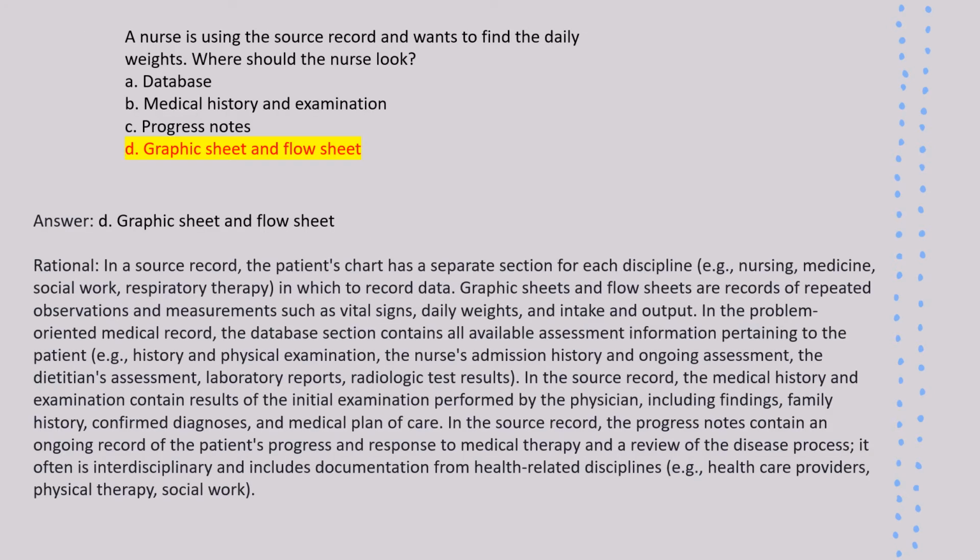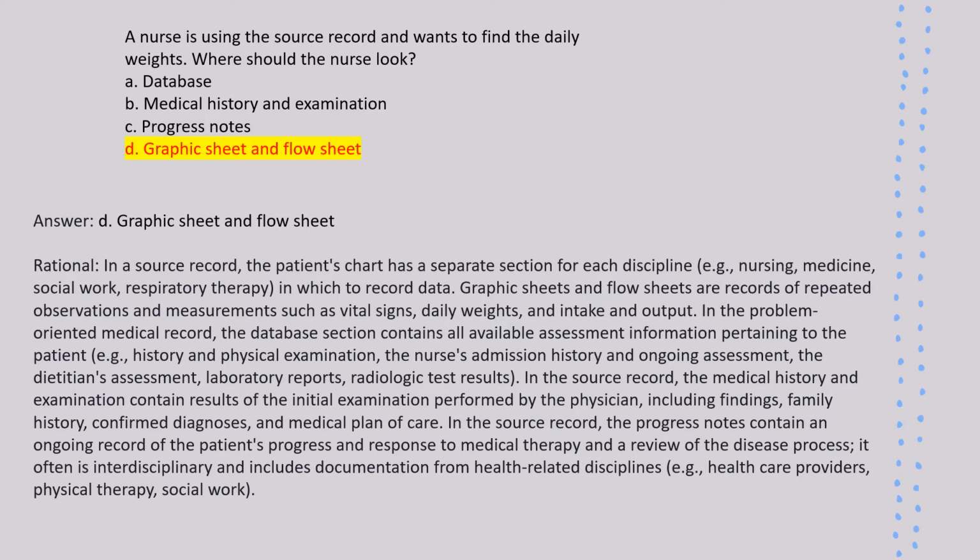Answer: D. Graphic sheet and flow sheet. Rationale: In a source record, the patient's chart has a separate section for each discipline, e.g., nursing, medicine, social work, respiratory therapy, in which to record data. Graphic sheets and flow sheets are records of repeated observations and measurements, such as vital signs, daily weights, and intake and output.